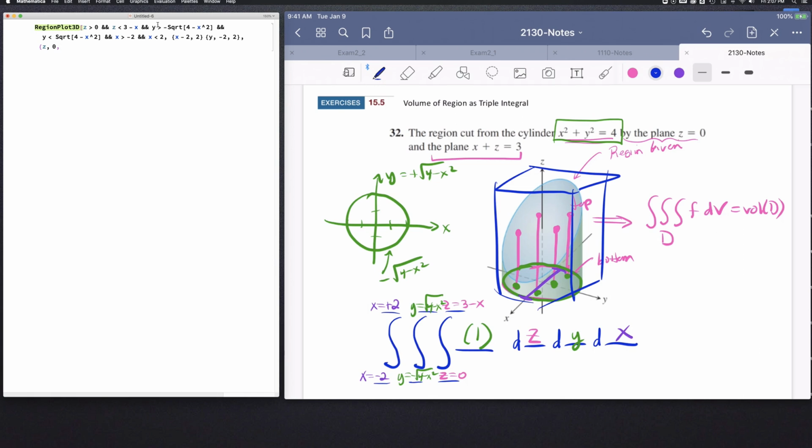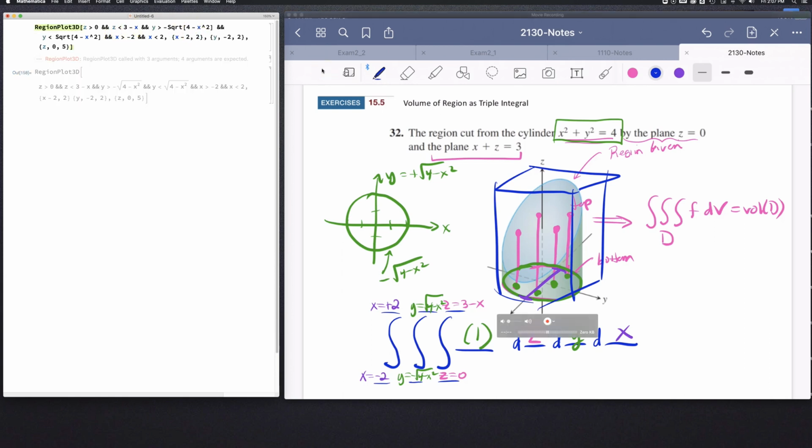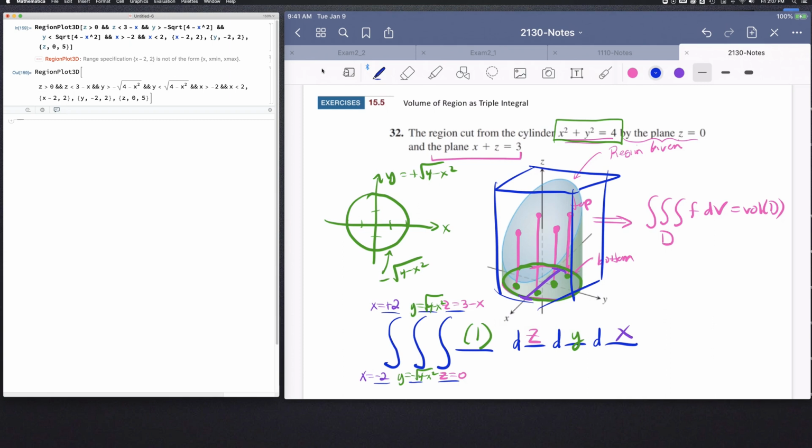When x is equal to 0, z is equal to 3, and when x is 2, the biggest z can be is 5. That's my guess. So here is the region plot. I had a little error here; it's telling me I'm missing a comma.